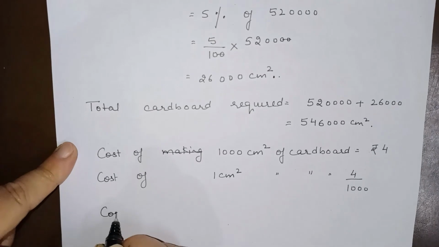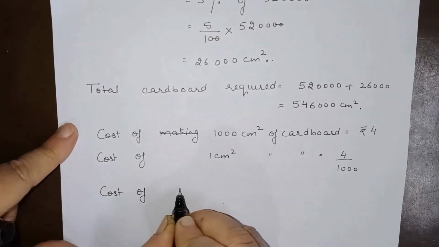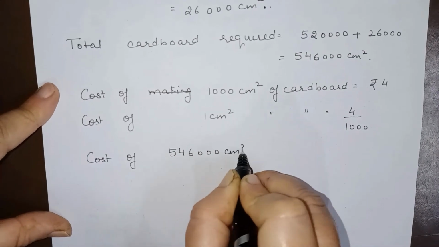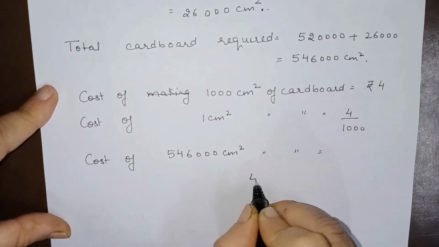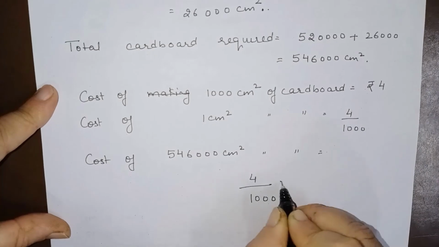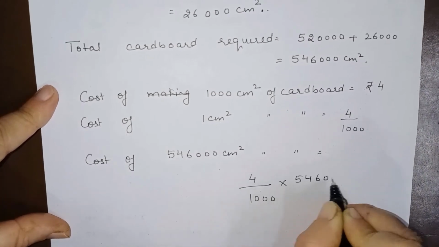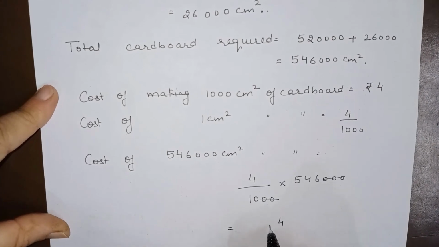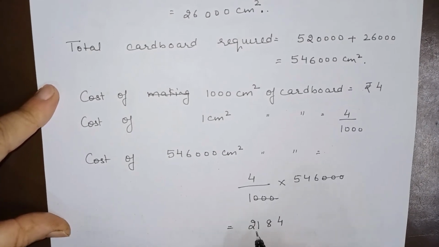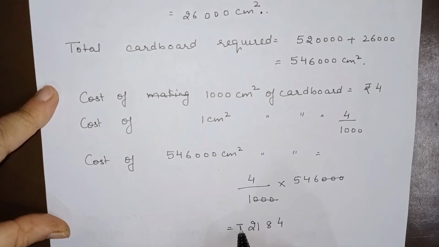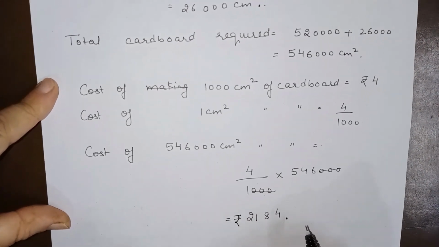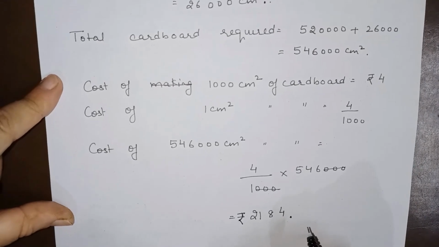So cost of 546,000 centimeter square of cardboard will be this. So we can solve it and we will get 2184. So this is the total cost of cardboard which is required to make the boxes.